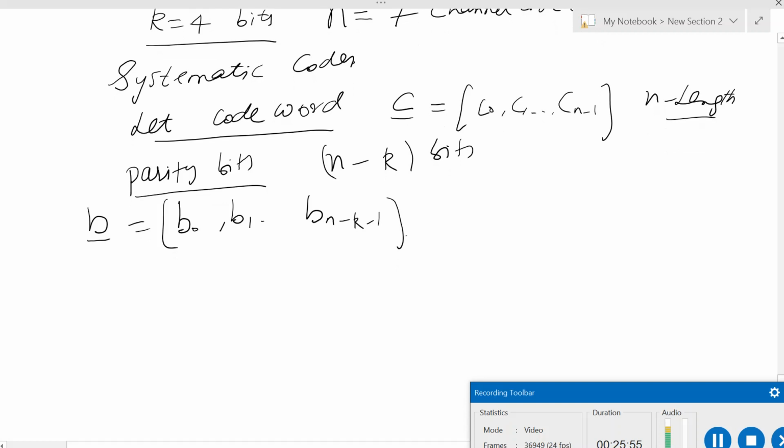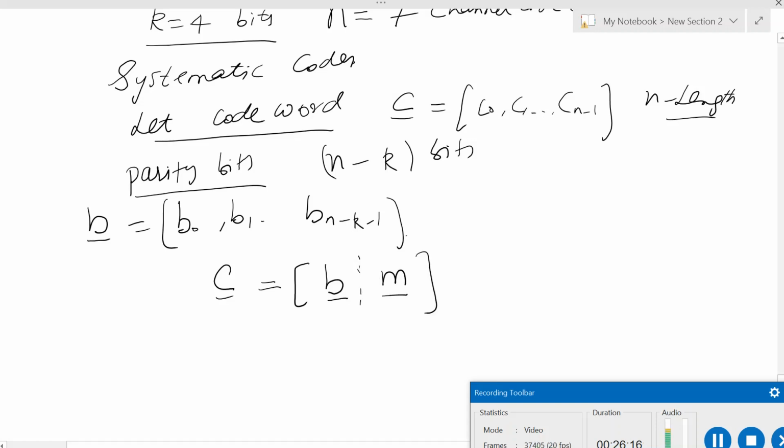So we can easily see that the code word C can be written as a vector B concatenated with message vector.